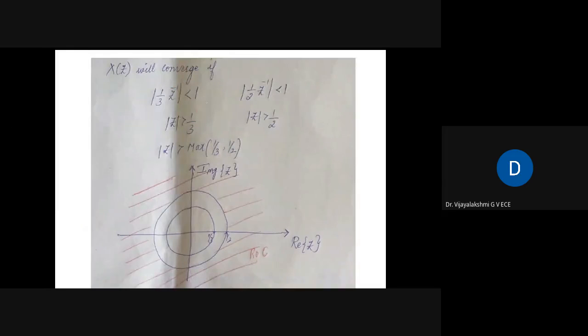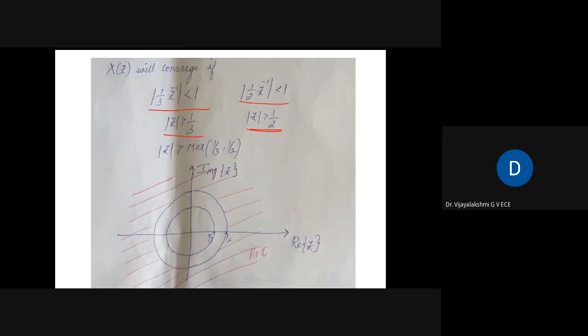In the second term, alpha is 1 by 2 z inverse. For the first term, 1 by 3 z inverse less than 1, and for the second term, 1 by 2 z inverse less than 1. If you simplify this, I get |z| greater than 1 by 3, and here I get |z| greater than 1 by 2.